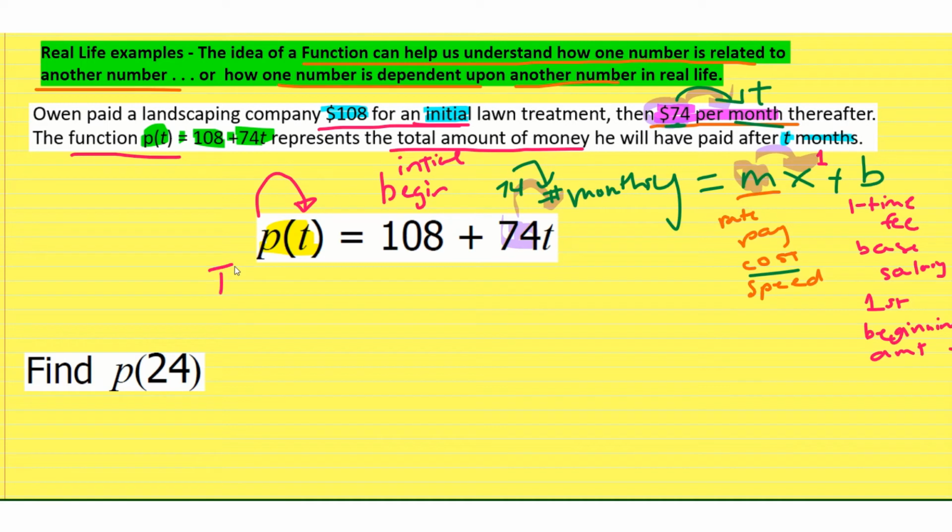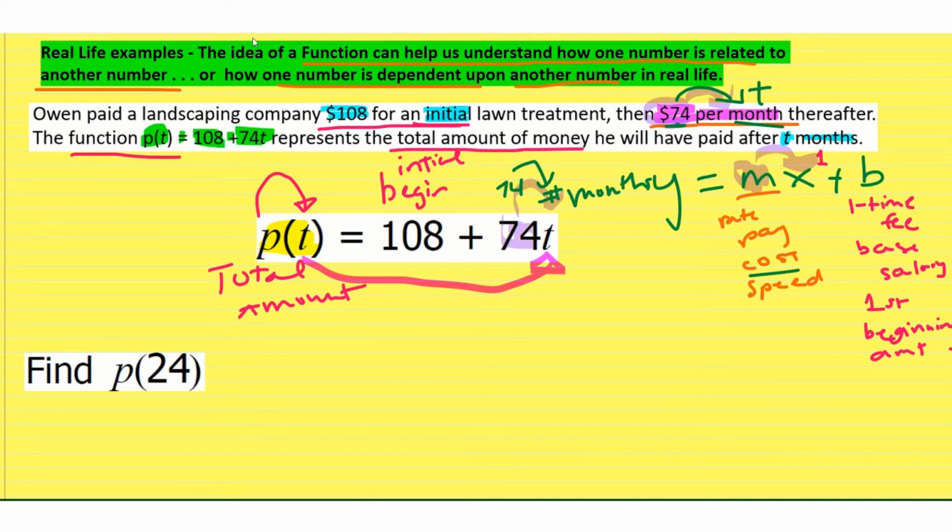So this thing is the total amount of money, and it is dependent upon what we put in for T. So like this T, we're going to stick some number of months in there, and that total amount that we pay is going to be dependent upon the number of months.